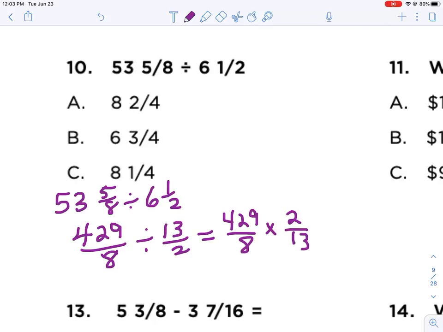Now what it actually is here is the multiplication of the tops over the multiplication of the bottoms. Okay. Now, we can do that a few different ways.